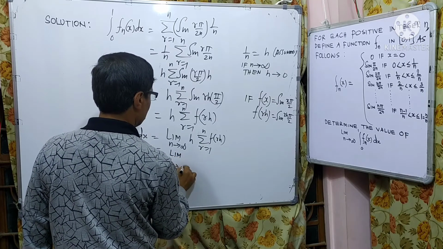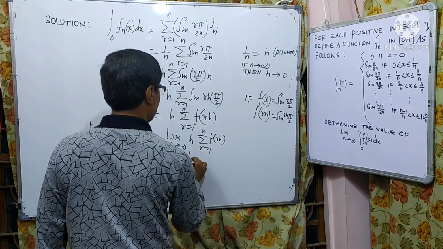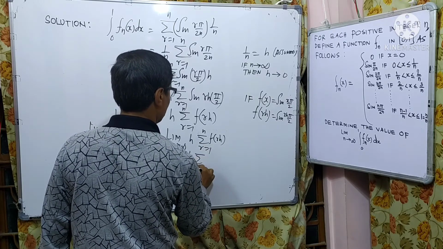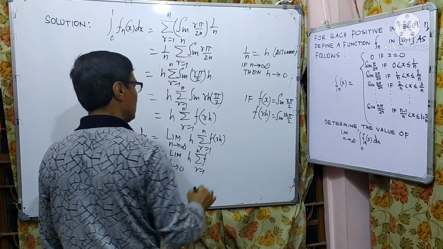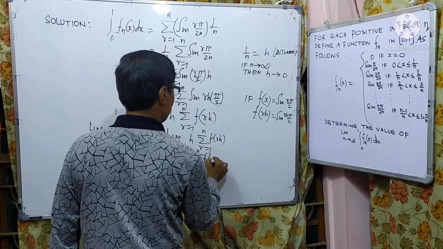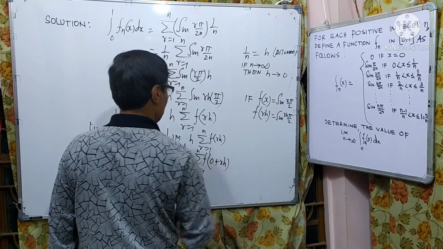Limit h tends to 0 of h summation r equal to 1 to n f of 0 plus rh.